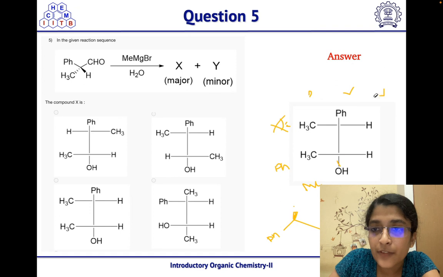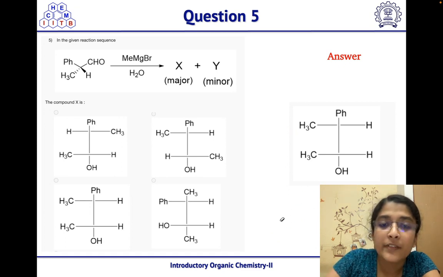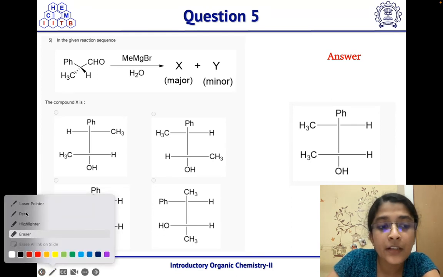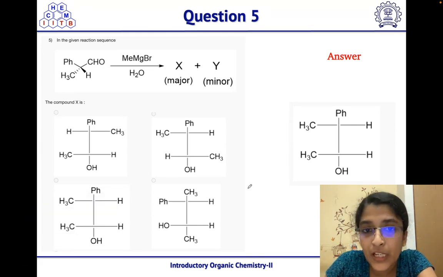So the right option will be this Fisher projection. Fisher projection we can redraw into our normal dash wedge form, and hence we can come to our answer. Is this clear? Yes, ma'am.